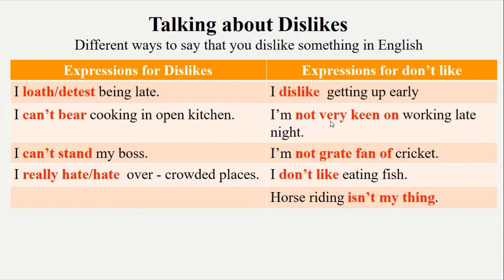I'm not a great fan of cricket. I don't like eating fish, and horse riding isn't my thing. Dislike, not very keen on, not a great fan of, don't like, and isn't my thing or not my thing.